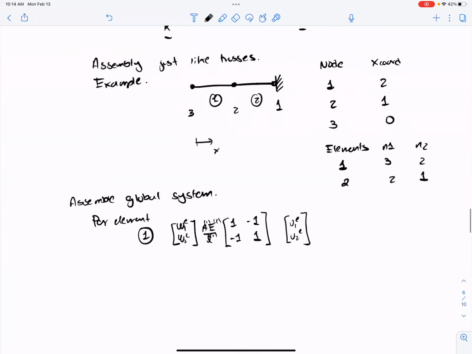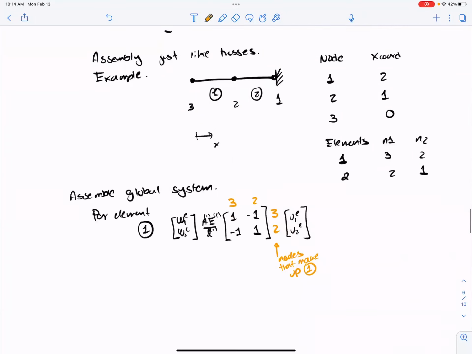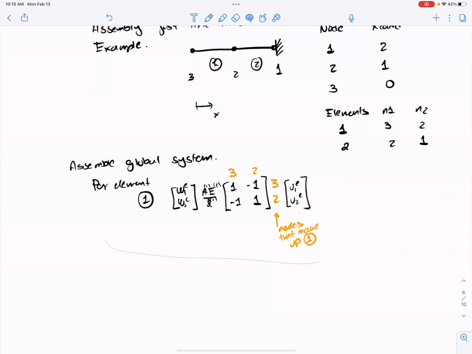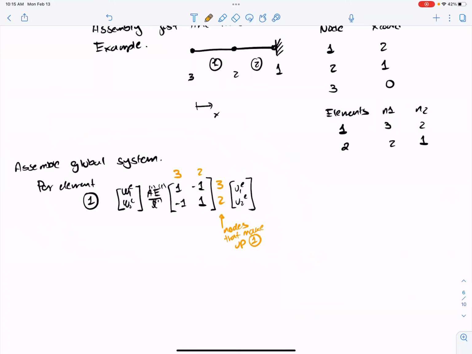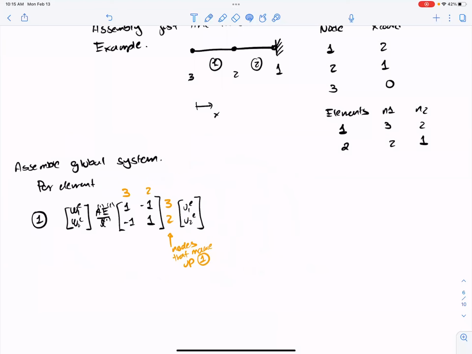And so for the assembly, what matters is what are the nodes that make up this element. This element 1 is made of nodes 3 and 2. So I just put 3 and 2. Move this a little bit to the left. So here it looks just like we did for the trusses.